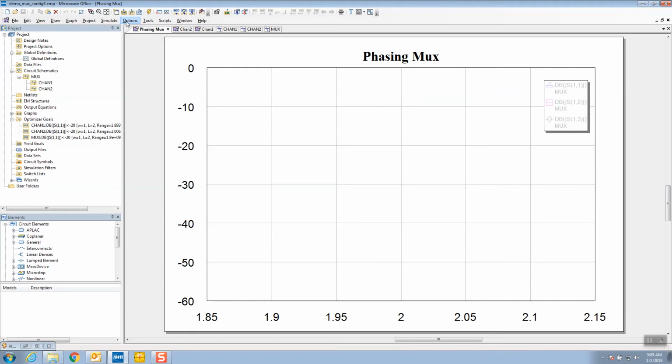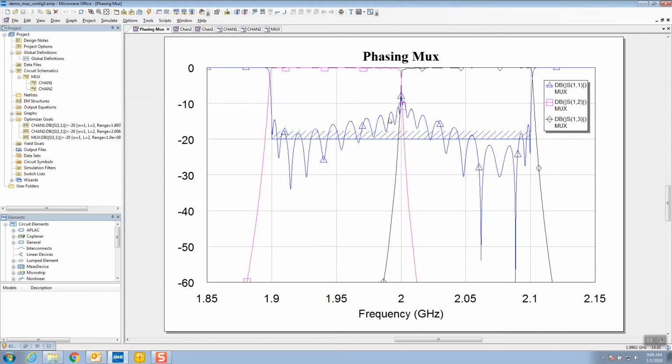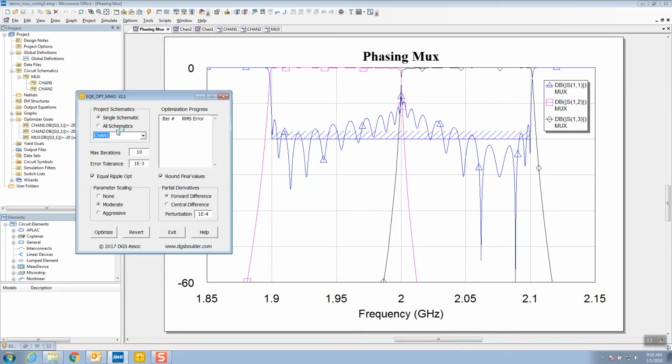So we've been walking the two channels closer and closer together, and now we're ready for the final optimization. So we can start the optimizer again. Again, we need to tell it all schematics, and the top level schematic is called mux, and we hit the optimize button.